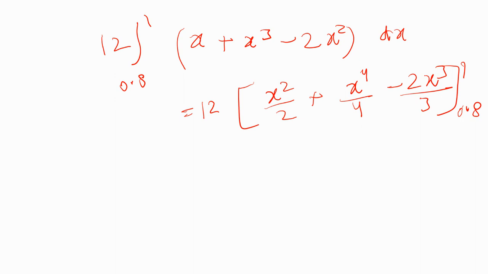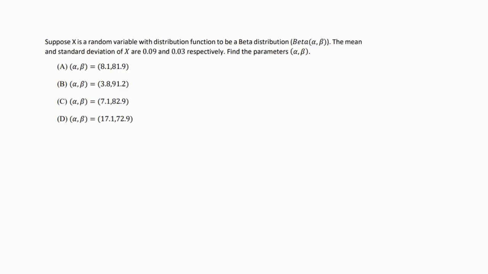Okay, so next, what we have given here is a random variable x that follows a beta distribution, beta(alpha, beta), and the mean and the standard deviation of x are given as 0.09 and 0.03.